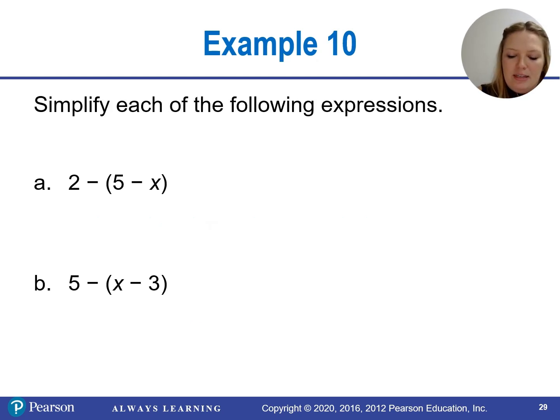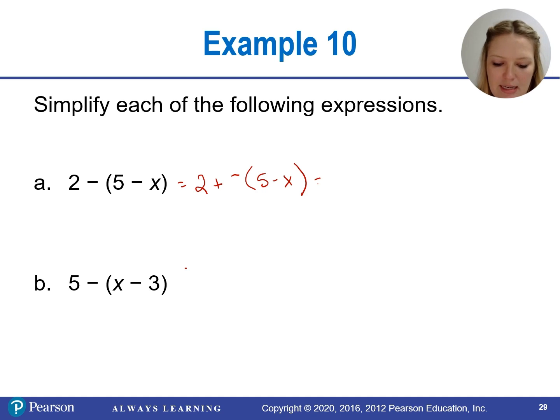Again, we can simplify these expressions. So first, I'm subtracting 5 minus x. This is the same as 2 plus negative the quantity 5 minus x, which is the same as 2 plus negative 5 minus negative x.